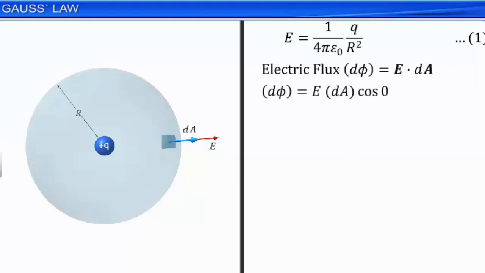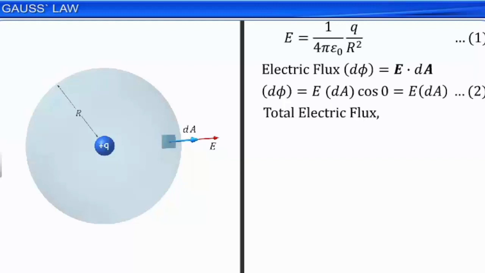Let this be equation 2. To find the total electric flux phi through the Gaussian surface, we now integrate d phi. Therefore, phi is equal to integral d phi, and this is equal to integral E dA.